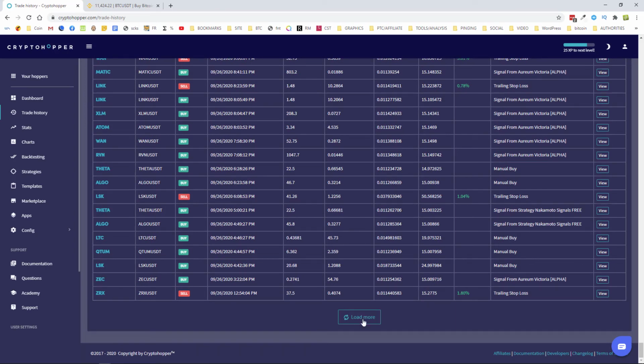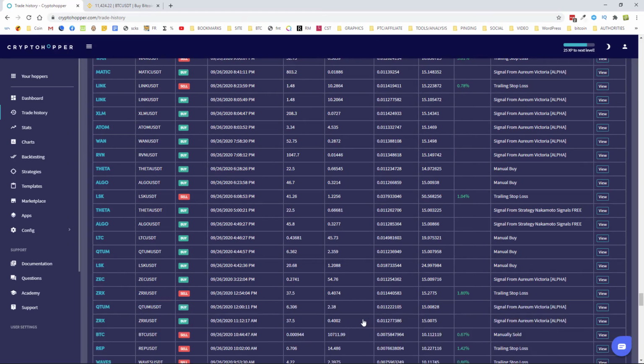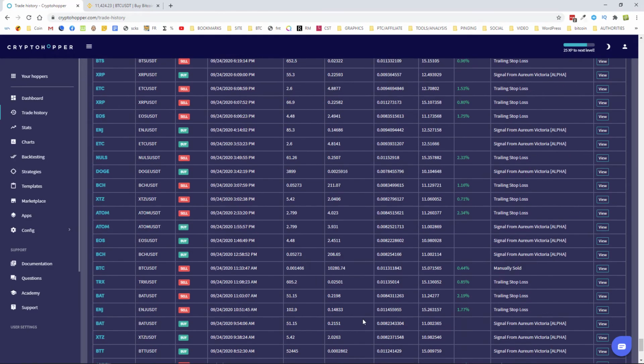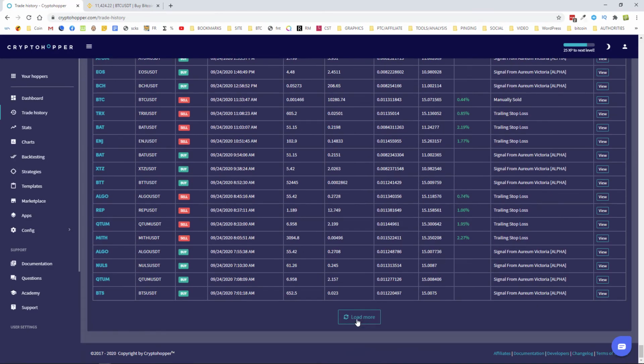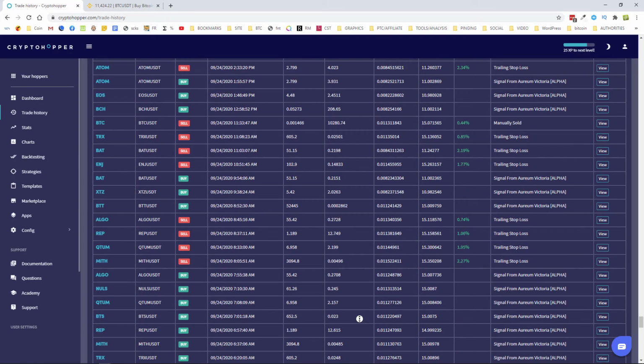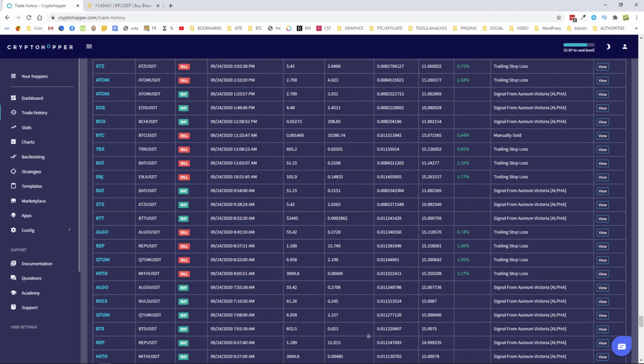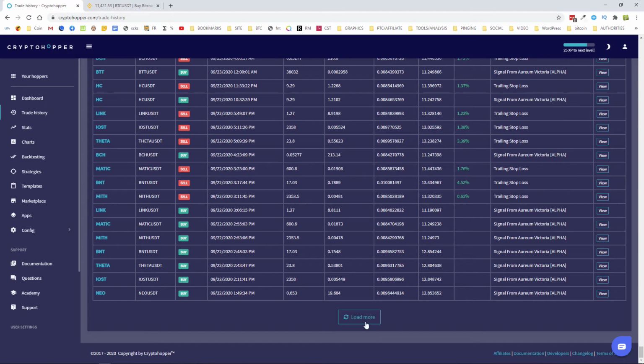Now, when you add all of these up, all these little micro trades, some of them take minutes, some of them take days, some of them take a few hours. Okay, when you add them all up, your profits are growing daily. I think I've got all of them listed there.